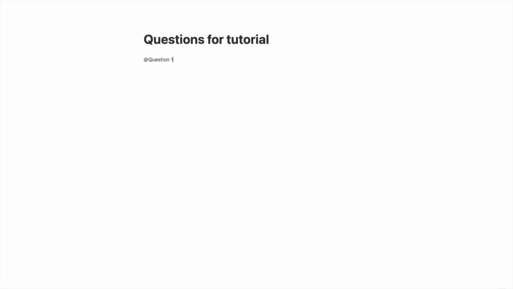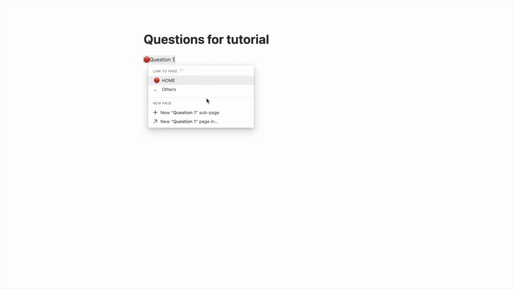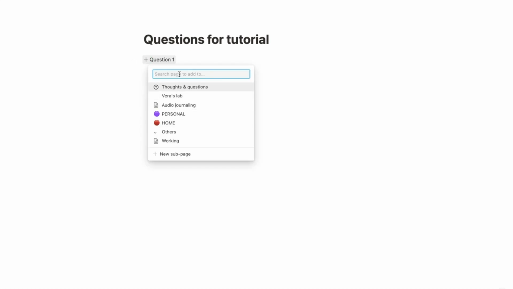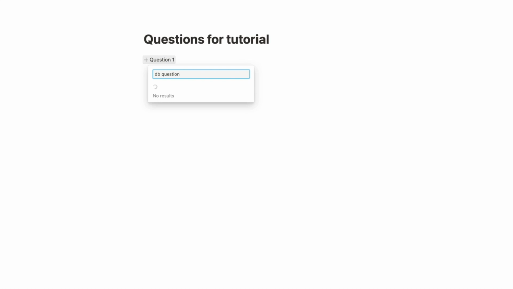Oops, let's do that again. You go question 1, new page in, and then you don't want the page itself, you want the database. So I'm going to type database question and it should be the first one. So this is method number 1 and you will see that coming up in this page in a second.